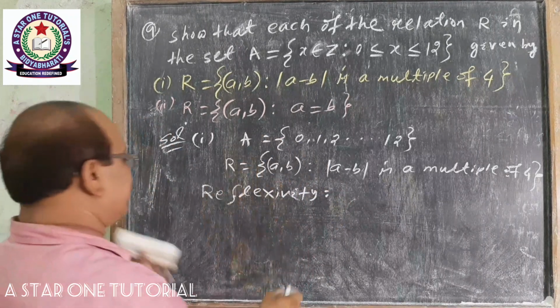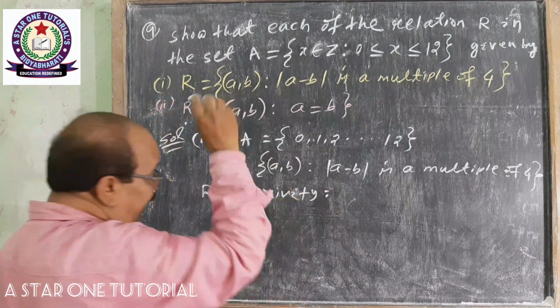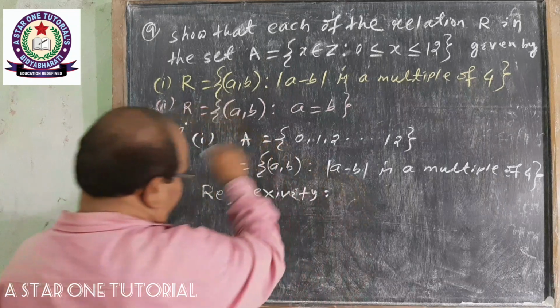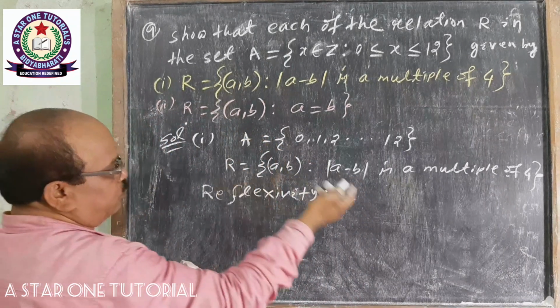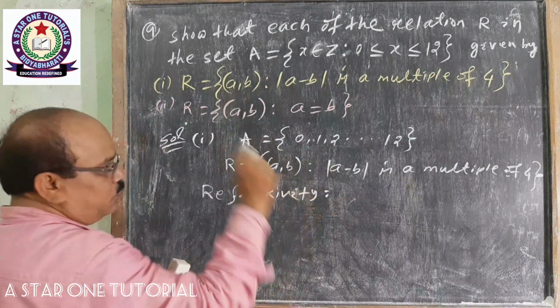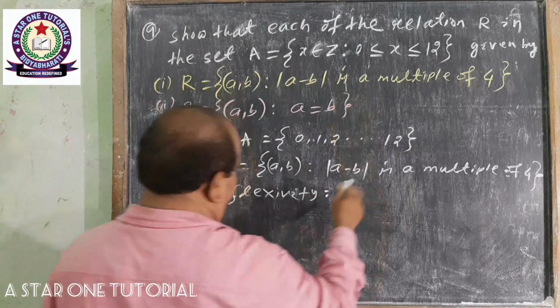For reflexivity, we have to show that for any element belonging to the set A, that element should be related to itself: (0,0), (1,1), (2,2) up to (12,12).